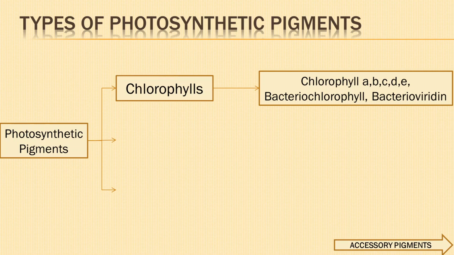Chlorophyll A, blue-green color, empirical formula C55H72O5N4Mg. Chlorophyll B, yellow-green color, empirical formula C55H70O6N4Mg.